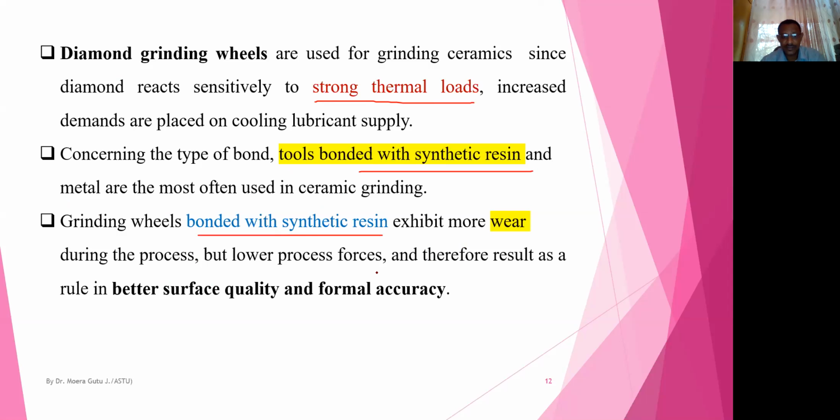So the cutting force is low when you are using synthetic resin bonded grinding tools. But one advantage is the cutting force can be lower, but the tool will wear easily. Therefore, as a rule, a better surface quality and form accuracy can be achieved when you are using diamond grinding tools with synthetic resin bonded surfaces.